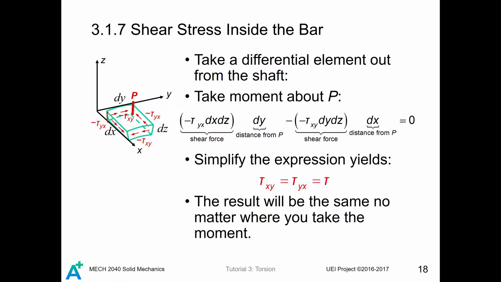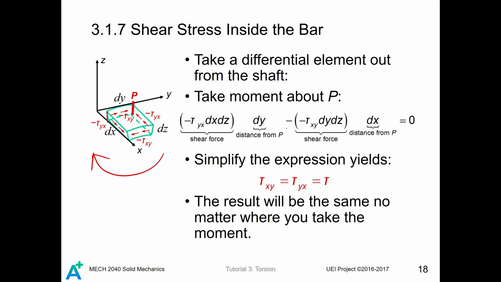In this case, it is in the opposite direction, because tau yx dx dz dy is twisting P in this direction, while minus tau xy dy dz dx is a force, minus tau xy dy dz, times this dx, and it is tending to twist this element in this direction.